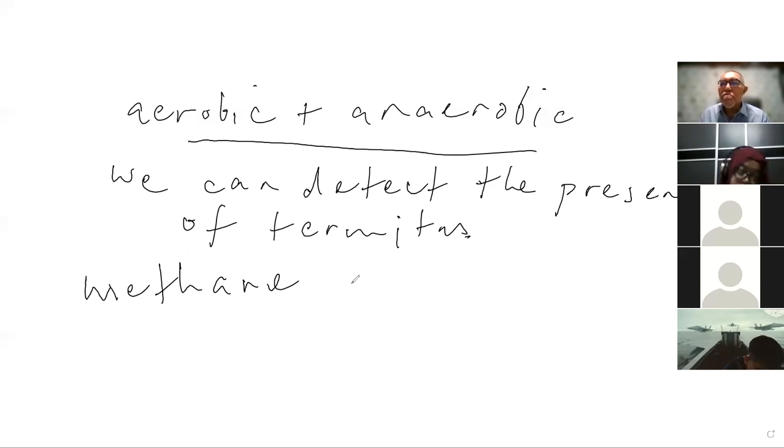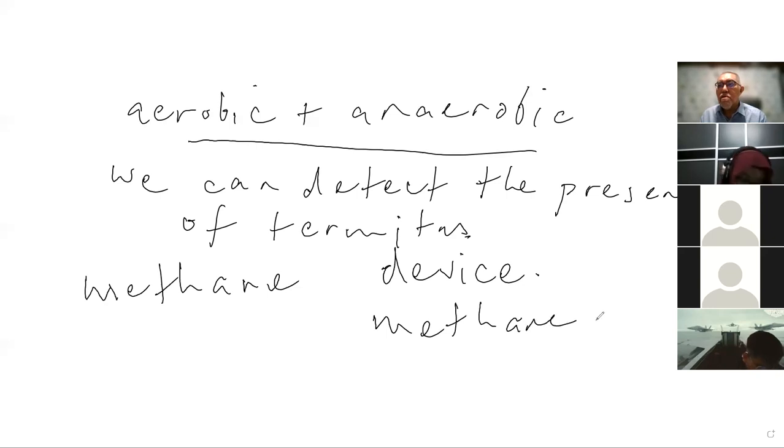So you have a gadget or device that you can use for methane detection. Now, if methane is detected in the premises or in your house, then that is a sure indication that your house has been infested with termites.